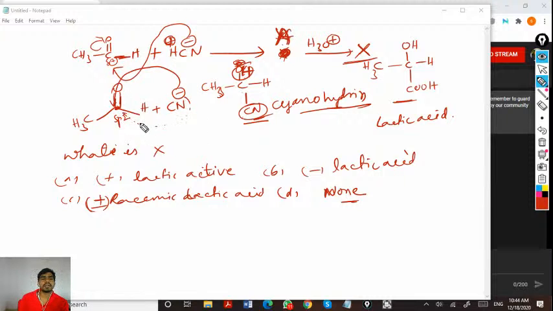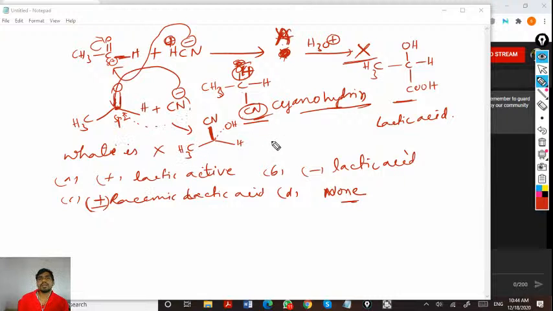When it is attacked from above the plane, it gives cyanide above, and the C double bond O becomes OH, which will be below this one, with hydrogen and CH3 on this one.